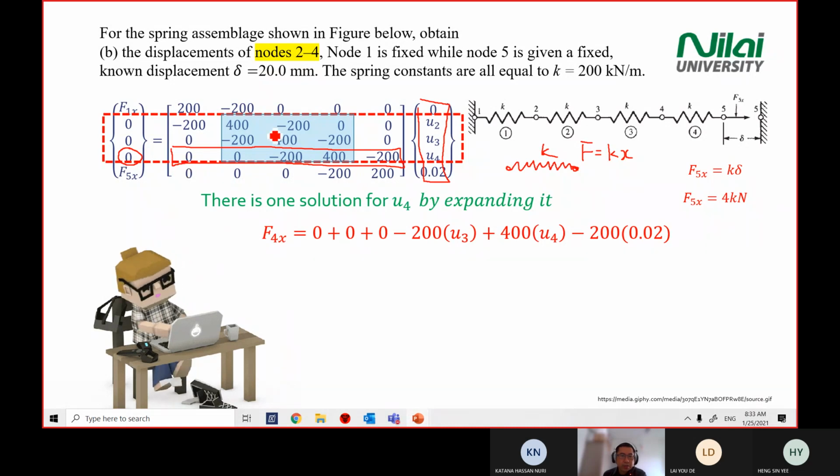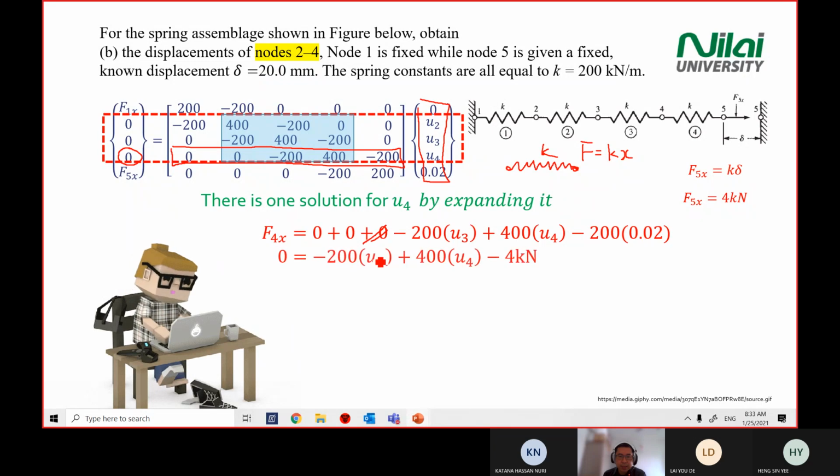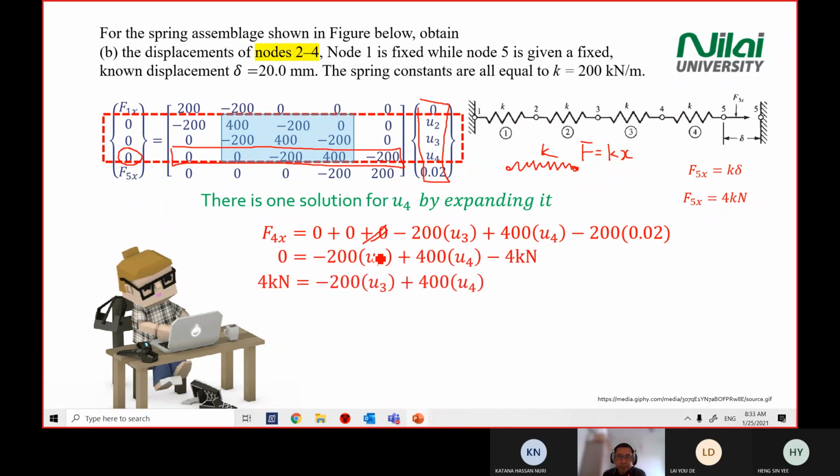So you get 0 times 0, you get 0. 0 times U2, you get 0. Negative 200 times U3, you get this one. Oh, there's one more 0 here. Apologize for the typo. And then 400 times U4 and negative 200 times 0.02. So you get the first one and so on, yeah?